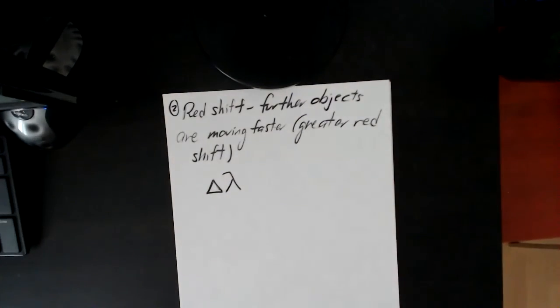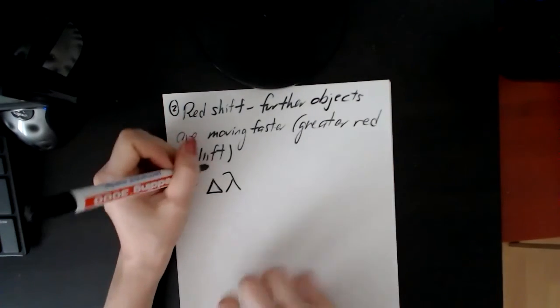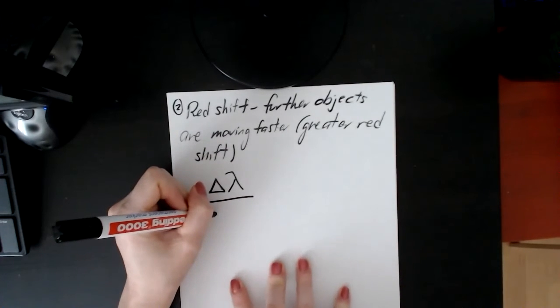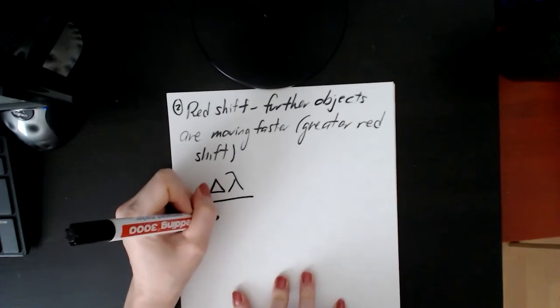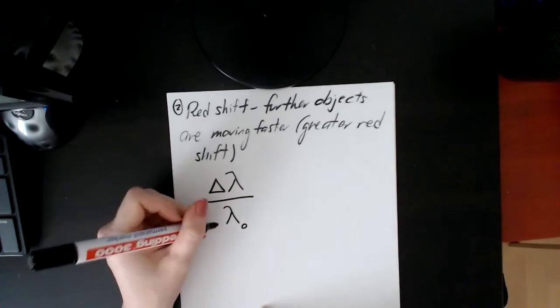The change in wavelength is the difference between the reference wavelength, the sun or something else that you can look at here on Earth that's not moving away from you, versus the actual object that you want to know about. So this is the change in wavelength divided by the reference wavelength. I'll write it out in symbols first, and then I'll write it out in words down here.